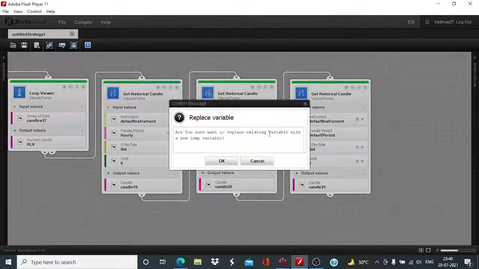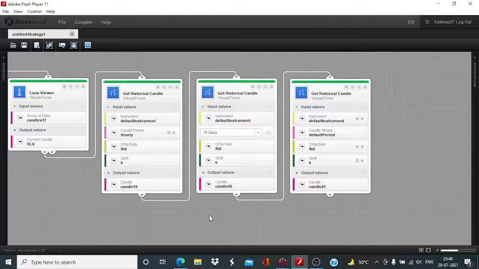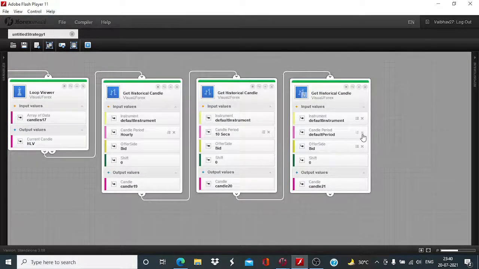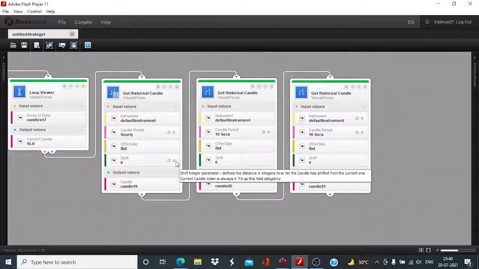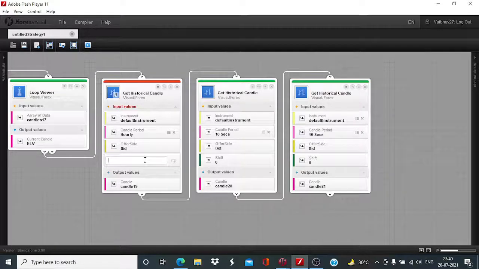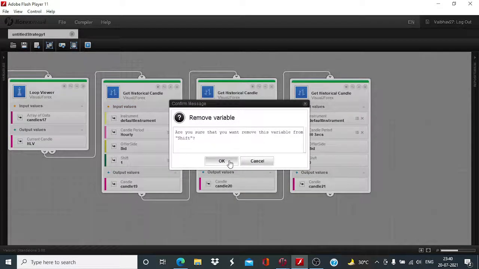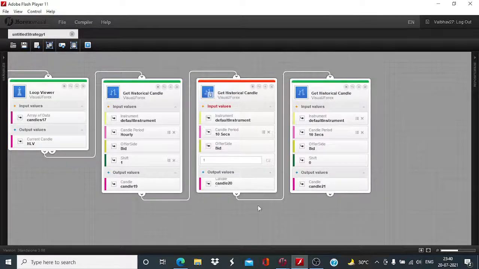Hourly, and these 2 of 10 seconds each. Shift is going to be 1, and this one also 1, and here it will be 2.